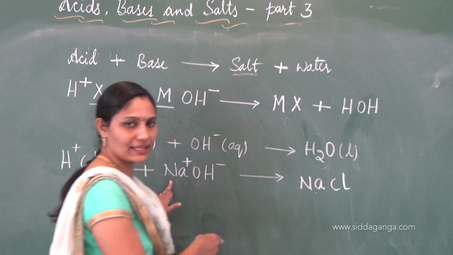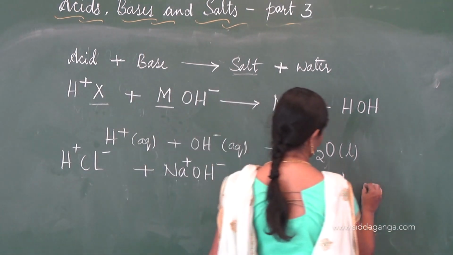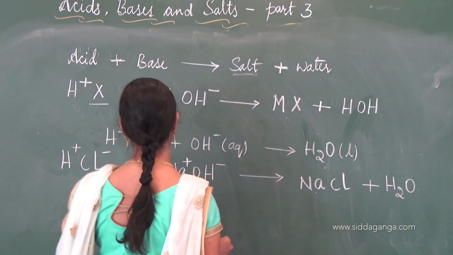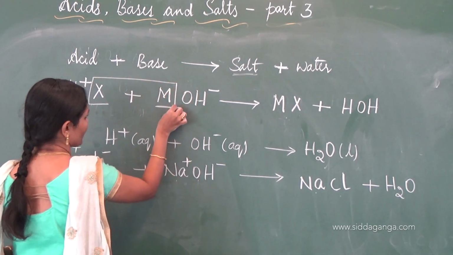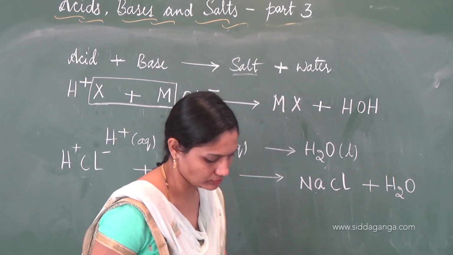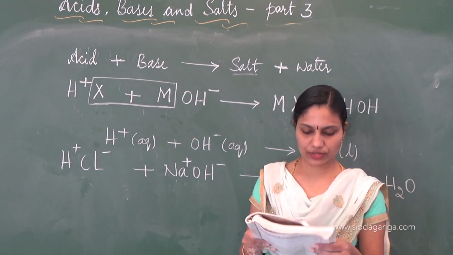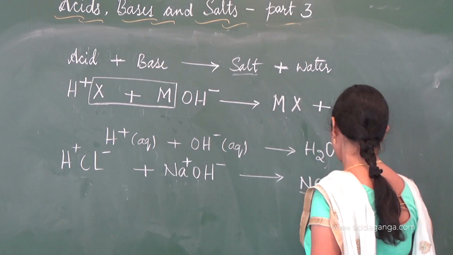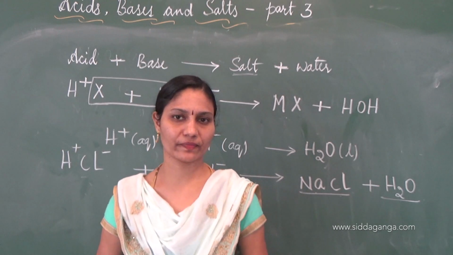The cation from the base and the anion from the acid will make a salt, and finally water is what we obtain in neutralization reaction.